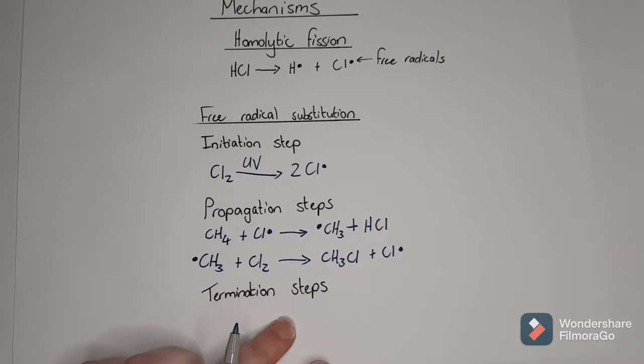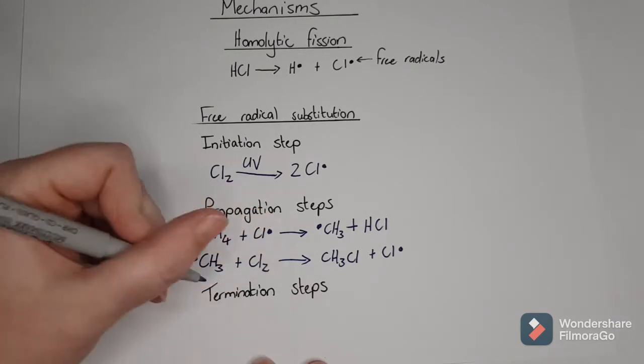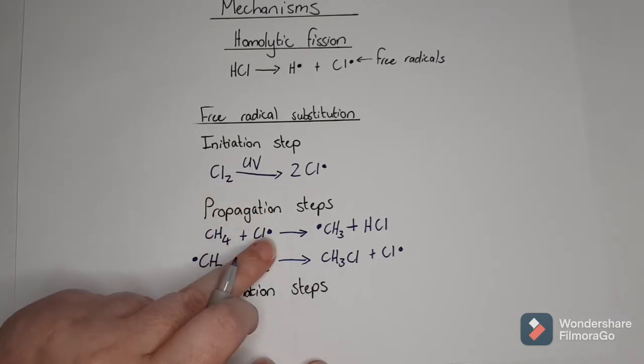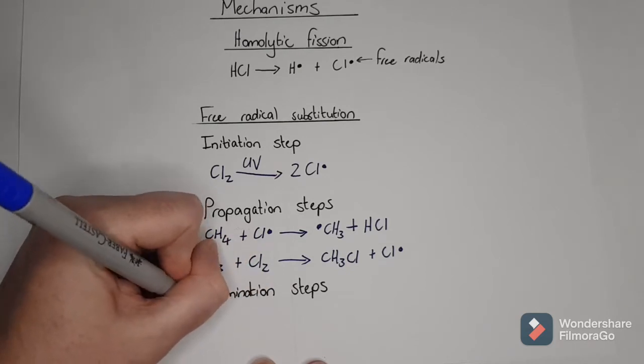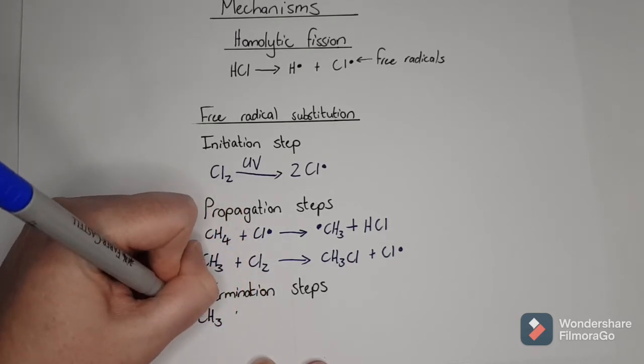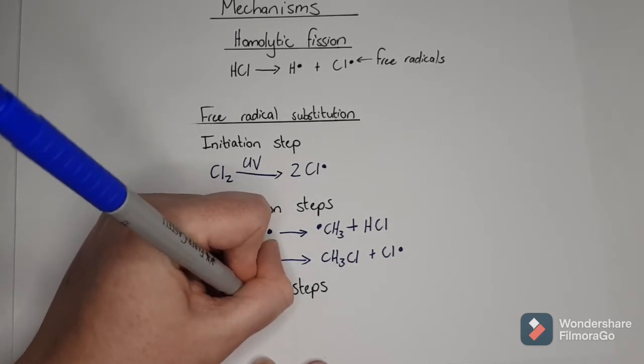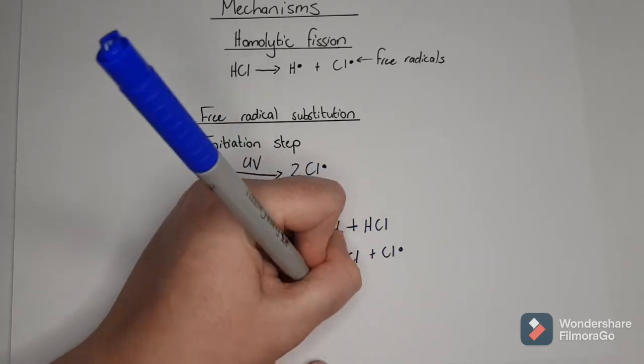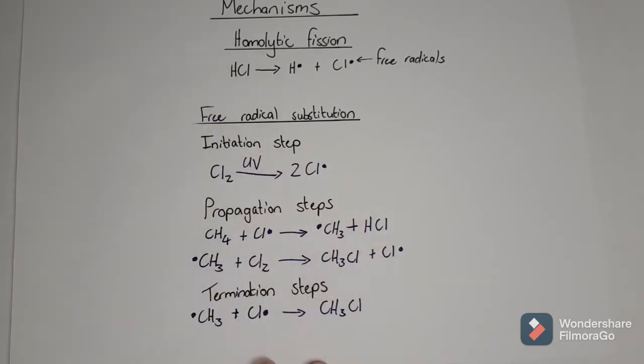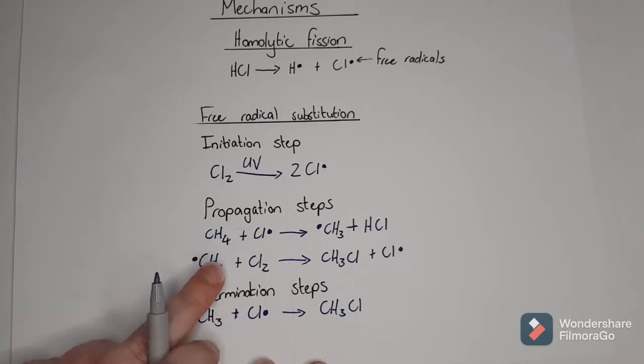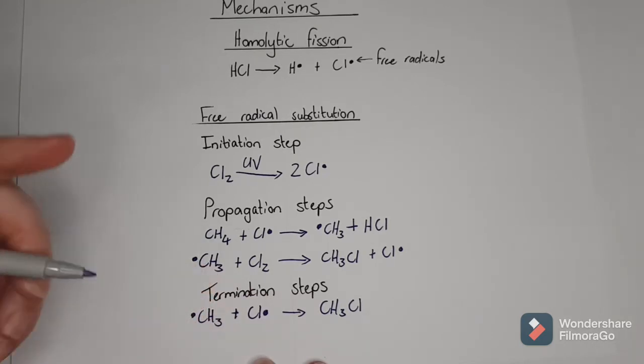And in a termination step, the free radicals join each other. So either that free radical can join with that free radical. So I can have my CH3 free radical plus my Cl free radical to form CH3Cl. Or that free radical can join with itself.